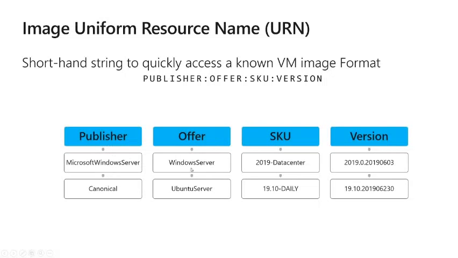Then offer: Windows Server or Ubuntu Server. Then SKU: which one, 2019 Datacenter or 19.10 daily. And then version. So to get your image, you can write it like this: Microsoft Windows Server, then Windows Server 2019 Datacenter, and then the version.